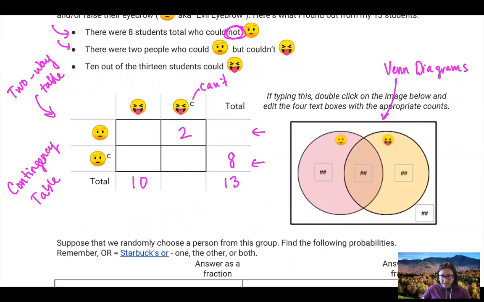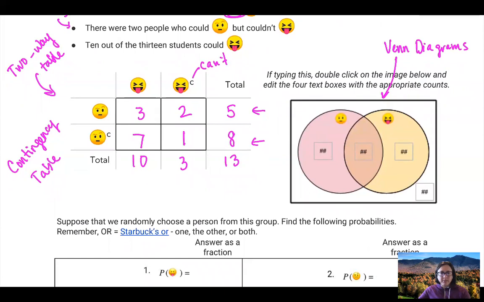So the number that would have to go in for can't curl their tongue would have to be 3, because 10 plus 3 would make 13. And then I can see here, 1 would have to go there because 2 plus 1 would have to make 3. And then we've got 8 minus 1, which would make this box 7. 10 and 7, this guy would have to be 3, and then 3 and 2 would have to make 5.